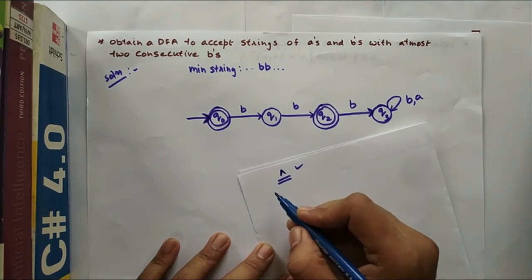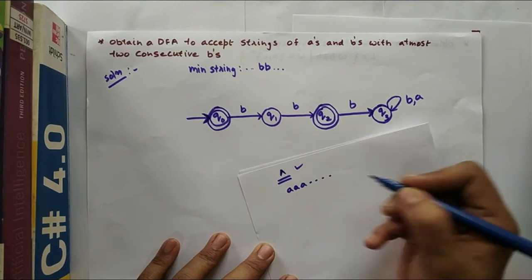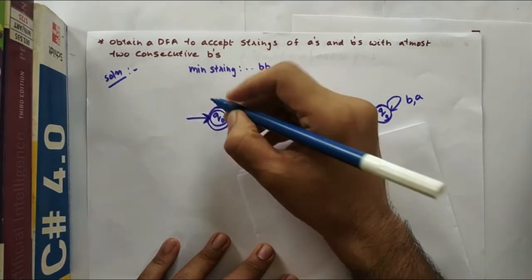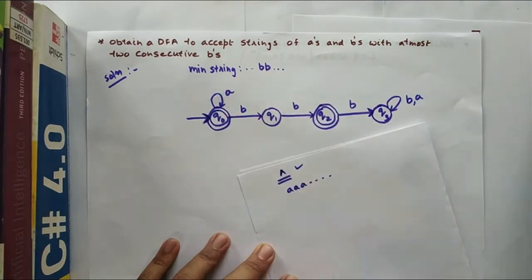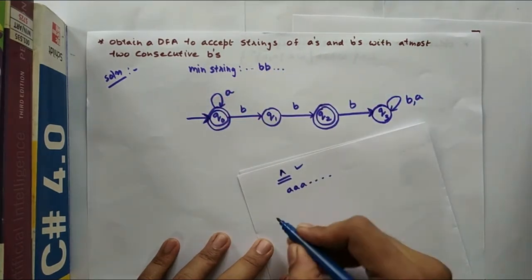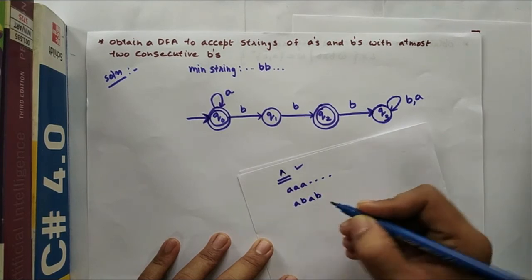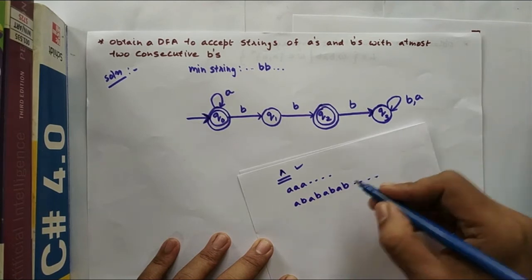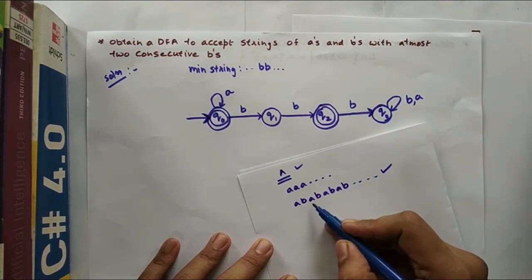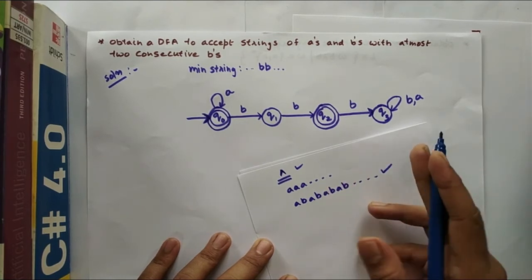Okay. Now, what about strings like n number of A's? They should be accepted, no? No matter how many A's are encountered, it will always accept it. Then something like the string AB, AB, AB, AB. This can just go on, and this string should also be accepted. Why? Because there are no consecutive B's that we are talking about. Consecutive means one after the other.